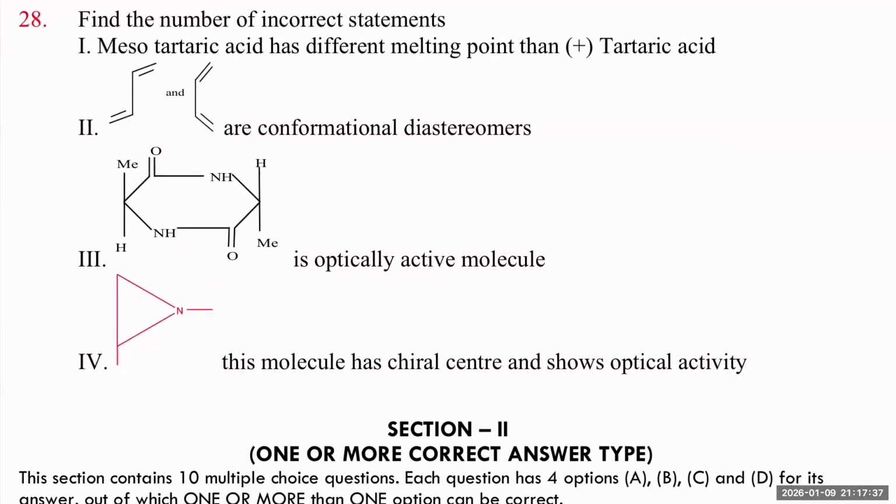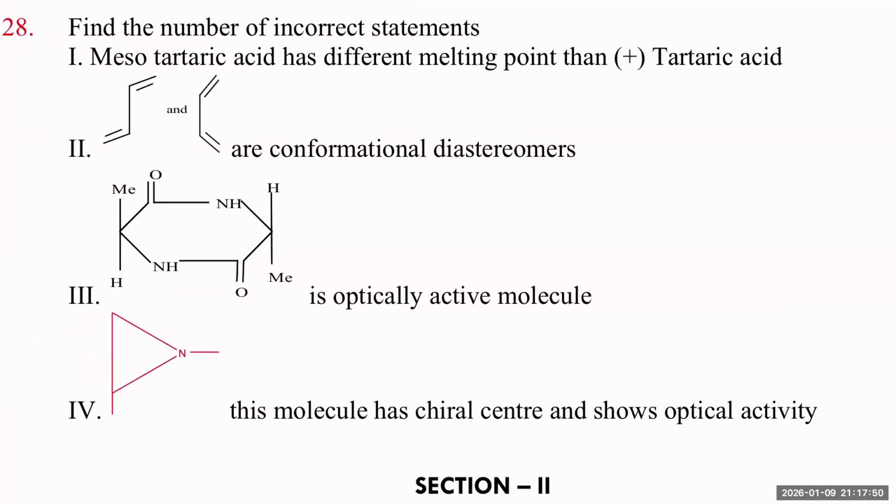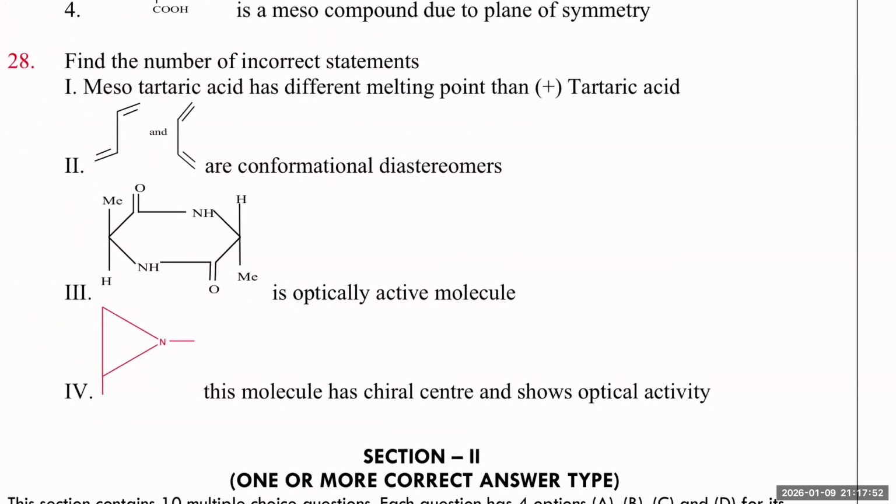Check out. Find the number of incorrect statements. First: mesotartaric acid has a different melting point than tartaric acid. See, mesotartaric acid has this structure: OH, COOH, H, OH, H, and COOH.